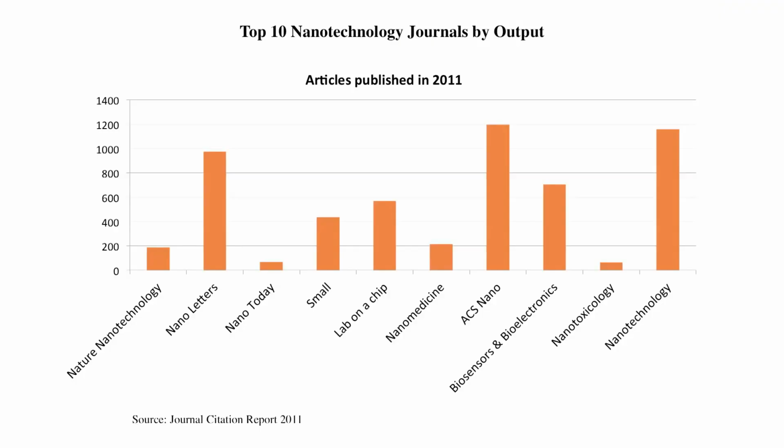When you look at the publication research output in a fast growing field like nanotechnology, I have taken 10 journals, and for a particular year, 2011, you see that some journals like ACS Nano, Nanotechnology, Nano Letters come at the top, whereas others like Nature Nanotechnology are not at the top of the rank.